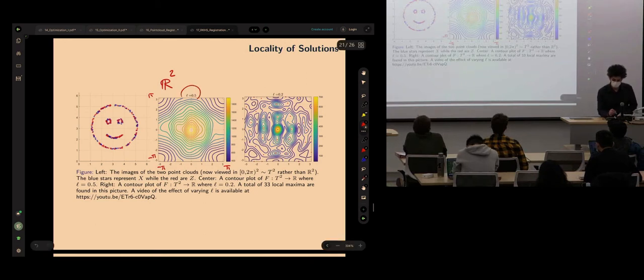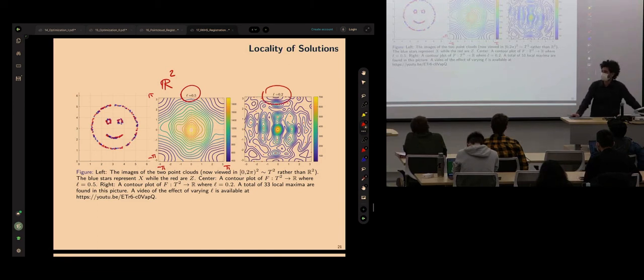Depending on what you choose for the length scale of the kernel, in fact, you can make the problem convex. Here, 0.5 makes the problem convex. No matter where you start, you will find the globally optimal solution, which is here. I think it's the same cloud, so the center, 0, is the point that maximizes the inner product.